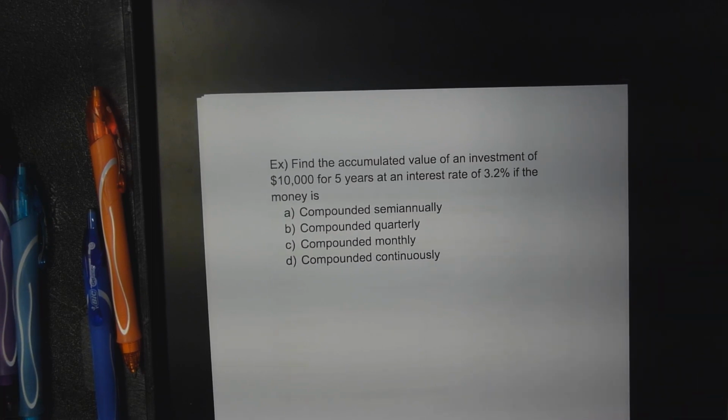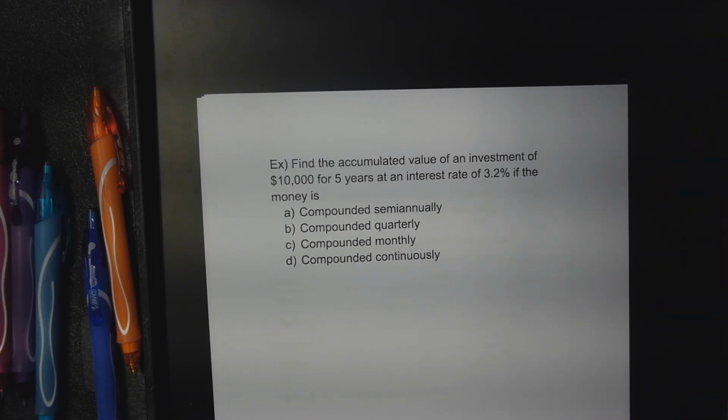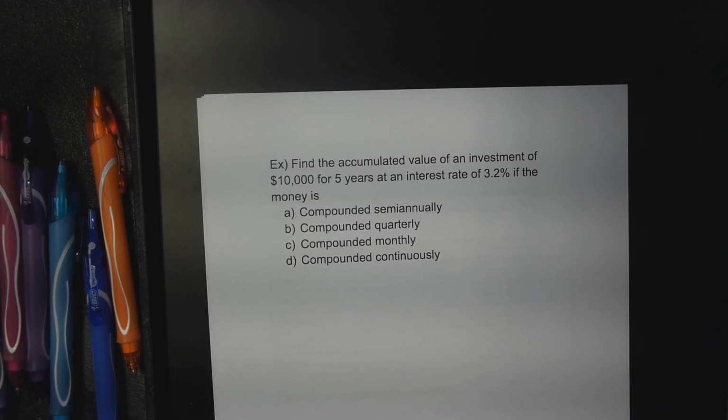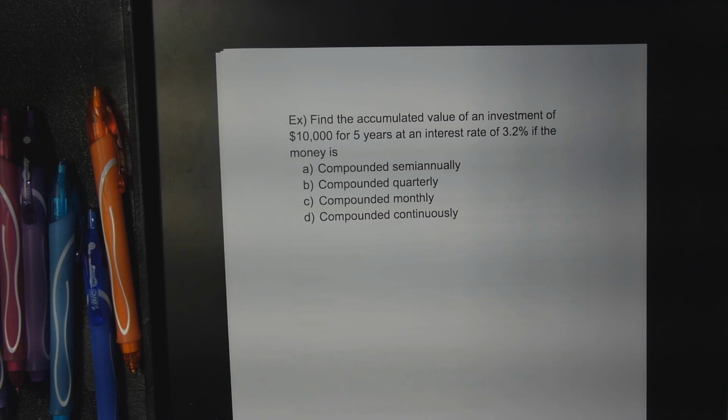So this problem has quite a few steps, but it's a really good example because we do most of the compounds. Find the accumulated value of an investment of $10,000 for 5 years at an interest rate of 3.2% if the money is A, compounded semi-annually, B, compounded quarterly, C, compounded monthly, and D, compounded continuously.